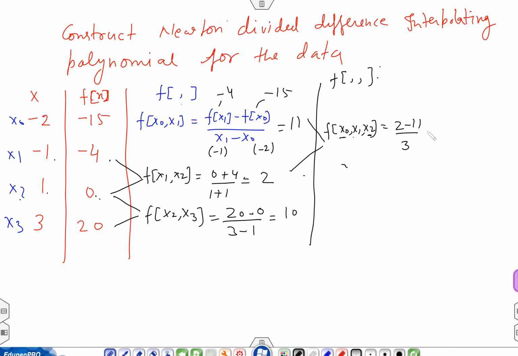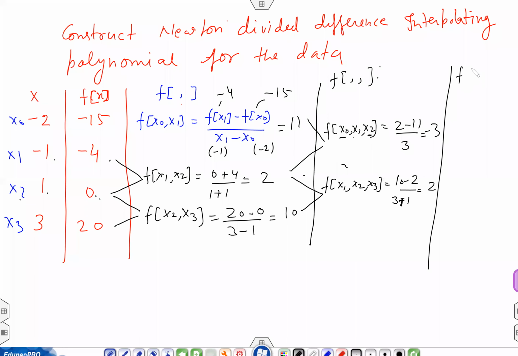The value is coming out to be -3. And by using these values, we are computing f of x1, x2, x3. Here, 10 minus 2 upon 3 minus -1, so plus 1. It is coming out to be 2.